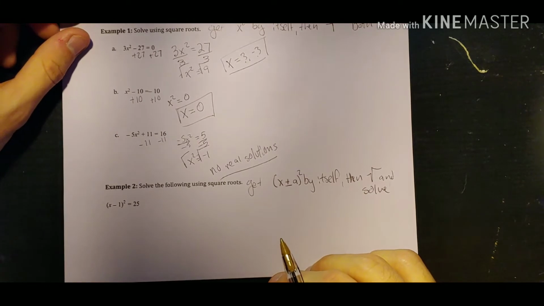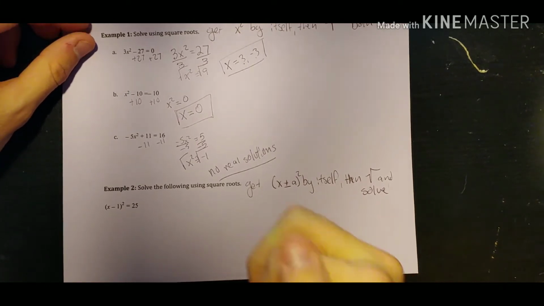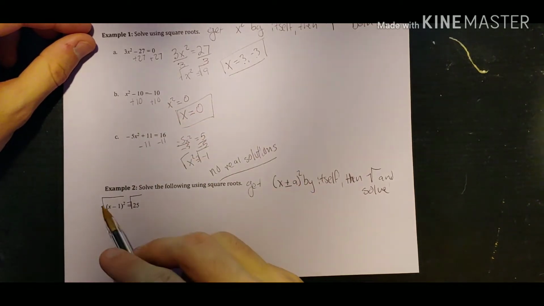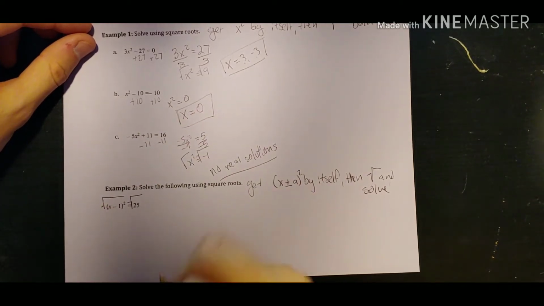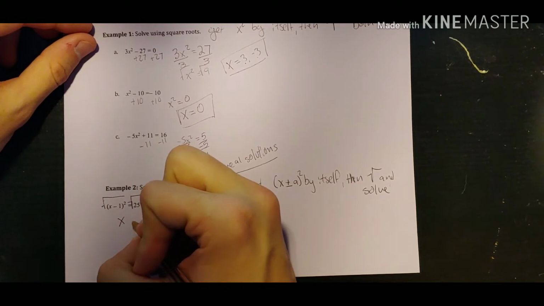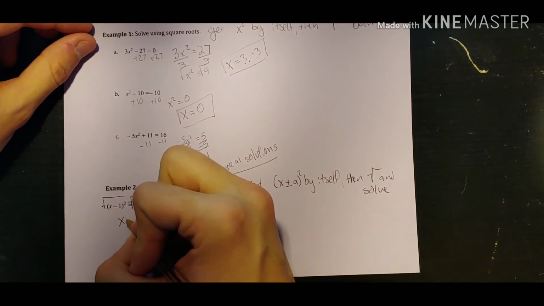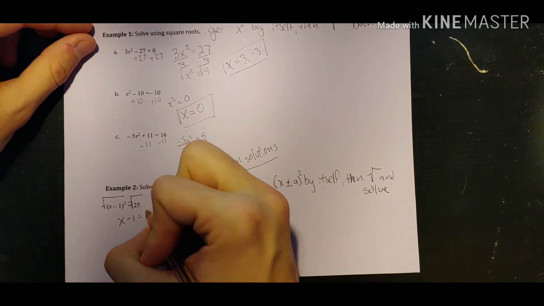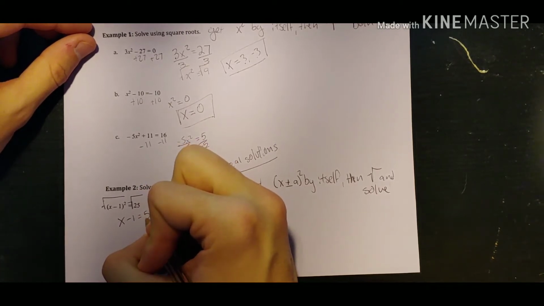So this problem, nice enough. If we just start by taking the square root of both sides, a square root and a square cancel each other out. So on the left, we're left with x minus 1 equals 5.